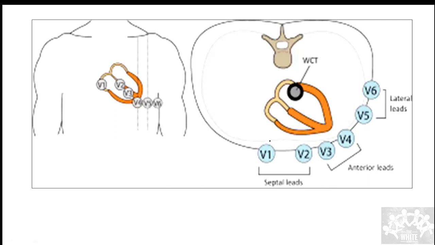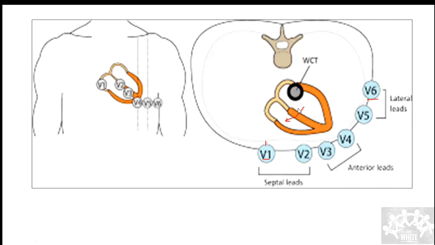Since you have got this concept, imagine we take two leads, V1 and V6. The first wave that is coming is the Q wave. Agreed? So you tell me, Q wave will be seen in which lead?